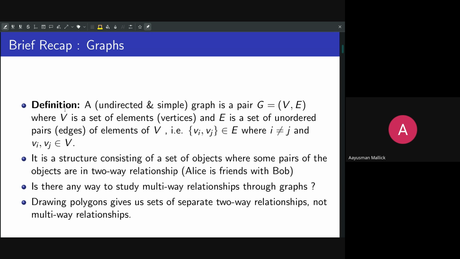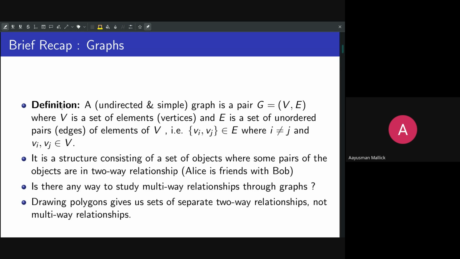Another way of saying it would be it is a structure consisting of a set of objects where some of the pairs are related in a two-way relationship. Like if there's a set of friends and there's Alice and Bob, and Alice and Bob are friends, then we say that Alice is friends with Bob.